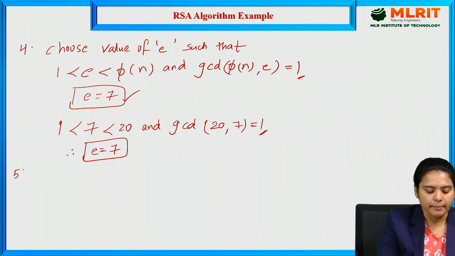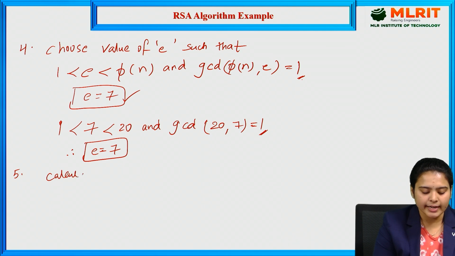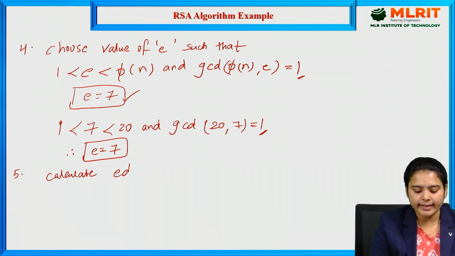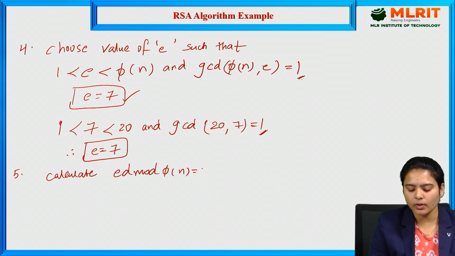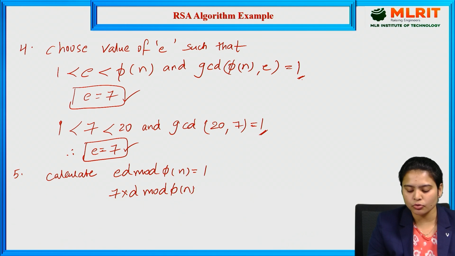The next step, we need to calculate E into D mod phi of N equals 1. We know the value of E is 7, so 7 into D mod phi of N equals 1.